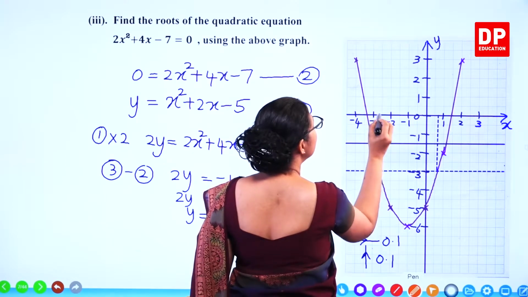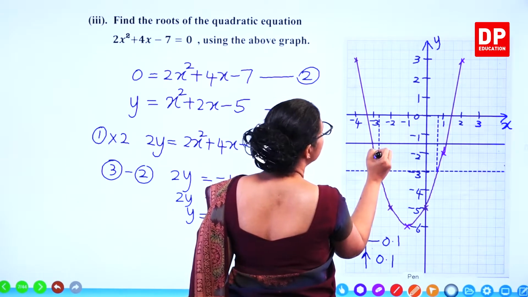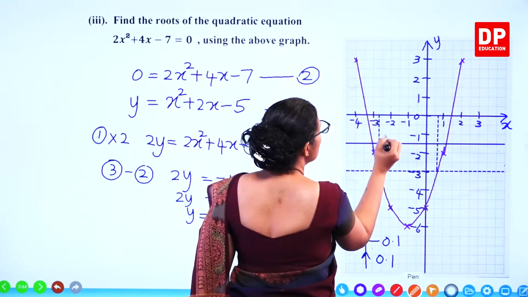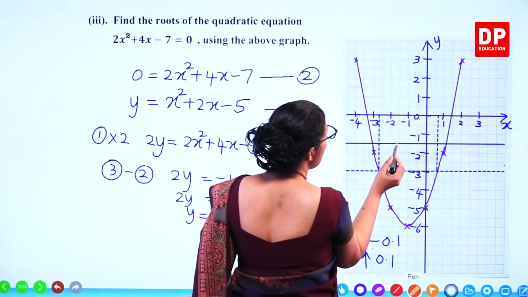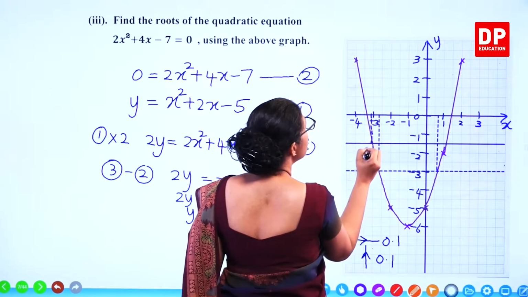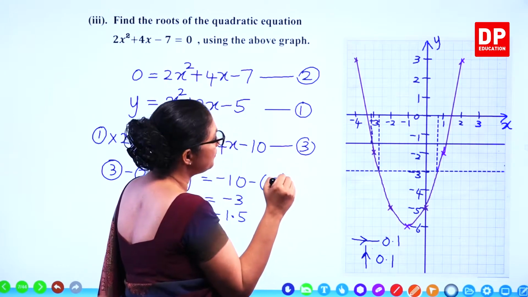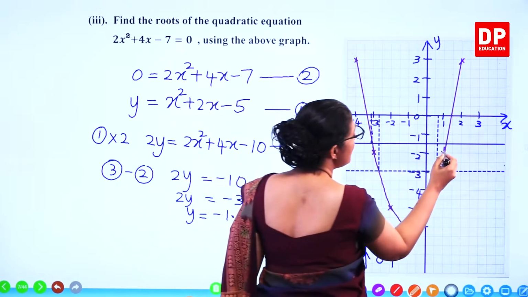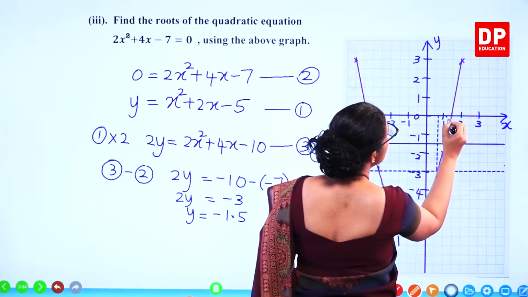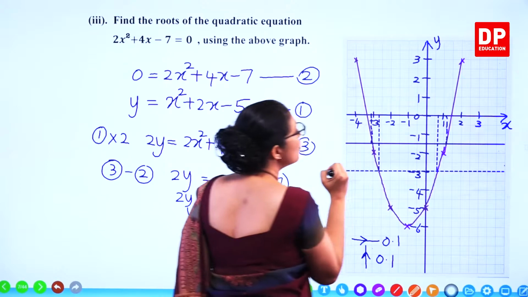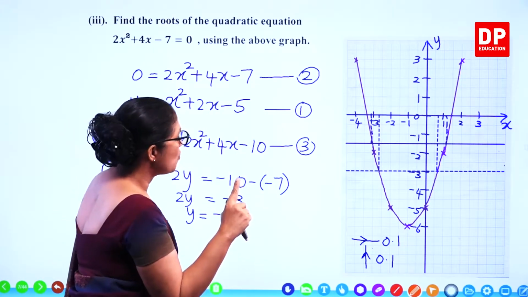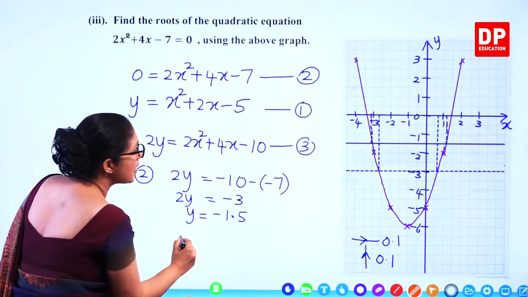You get, slightly to this side, minus 3.1, and this one you get 1.2, 1.2 and minus 3.1.